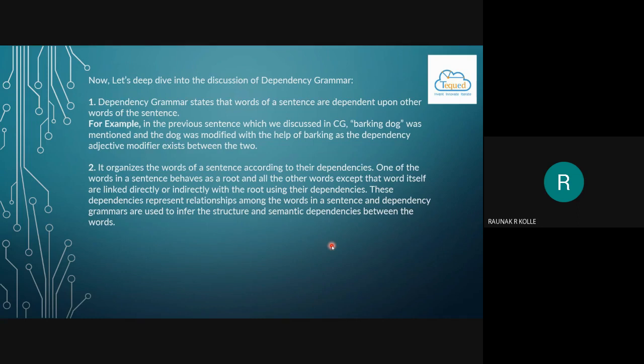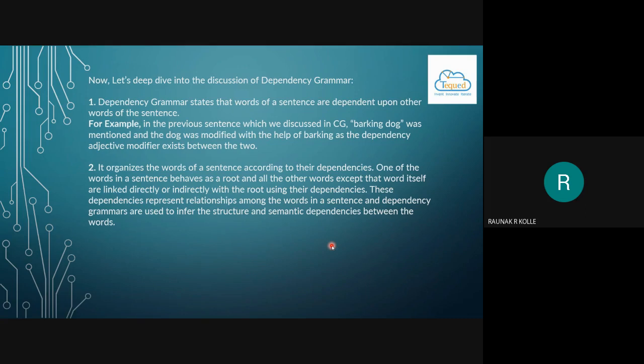Now let's deep dive into the discussion of dependency grammar. Dependency grammar states that words of a sentence are dependent upon other words of the sentence. For example, in the previous sentence which we discussed in constituency grammar, barking dog was mentioned and the dog was modified with the help of barking as a dependency adjective modifier, specifying a relation that exists between the two.